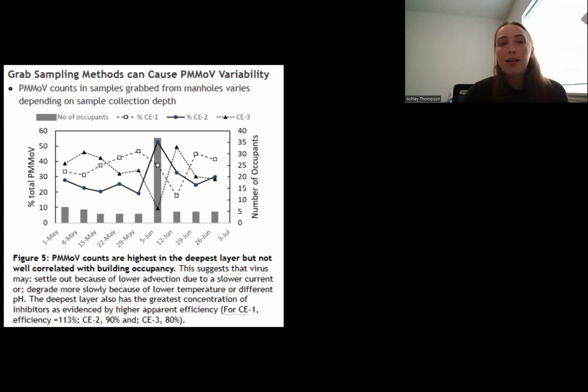Yet on our lowest sampling site, CE3, we see a drop in PMMoV due to that higher flow rate of the occupants. So when you go to collect at a sampling site, you have to consider what depth you want to collect at. That's going to give you the most accurate idea of what your current population is experiencing.